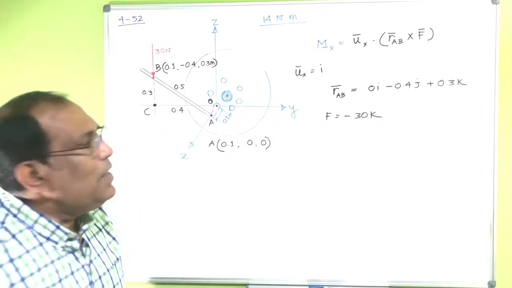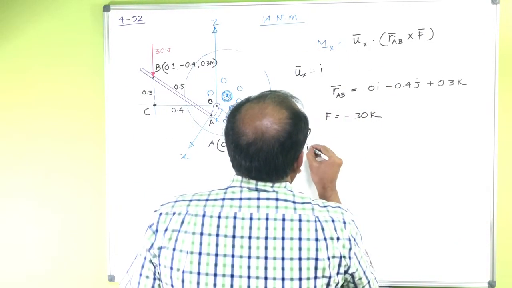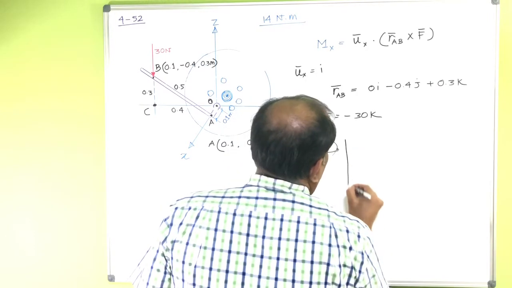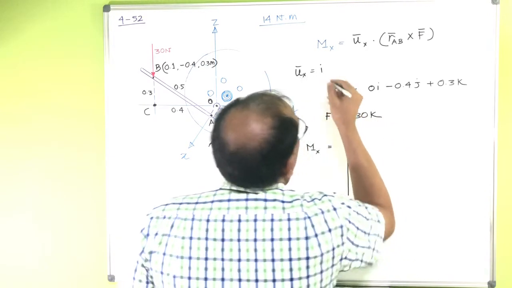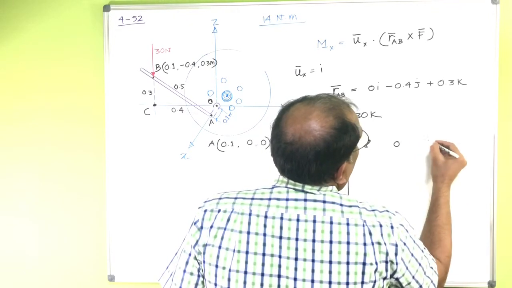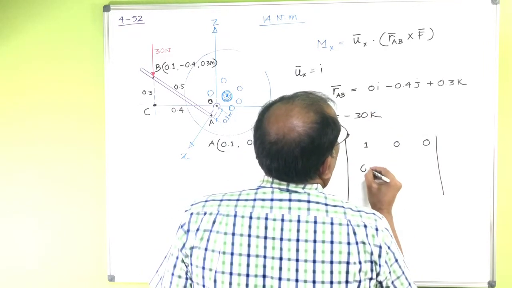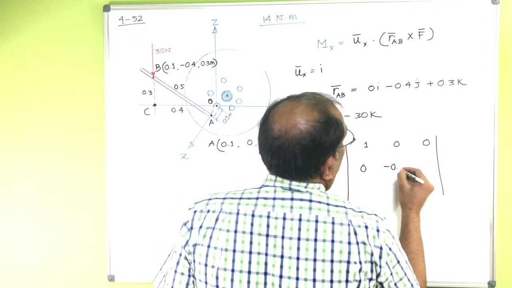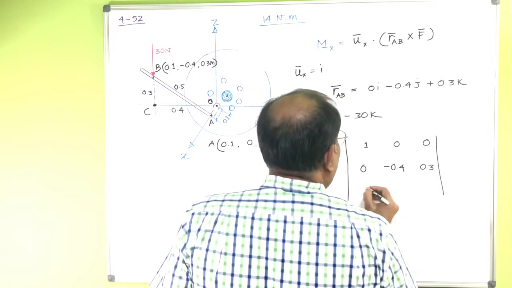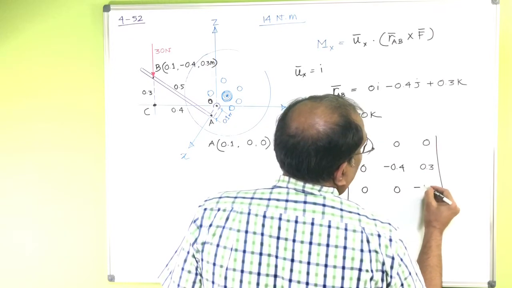Now if I set the whole thing up, my moment along the x-axis is equal to the determinant with 1, 0, 0, then 0, minus 0.4, 0.3, and 0, 0, minus 30.